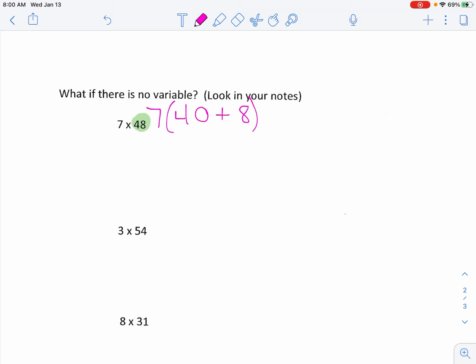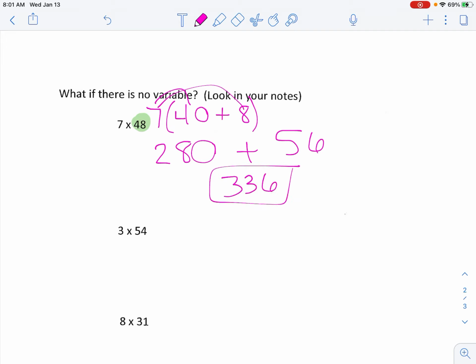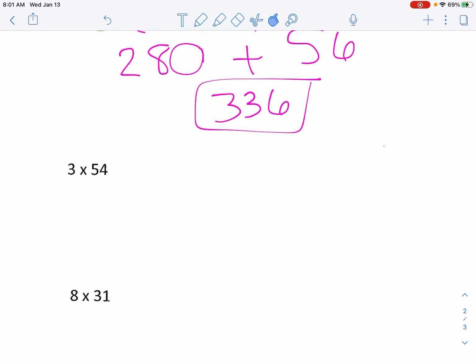So now we're going to distribute. So 7 times 40 is 280. And 7 times 8 is 56. 280 plus 56 is 336. If I asked you to multiply 54 times 3 mentally, that would be a little challenging.